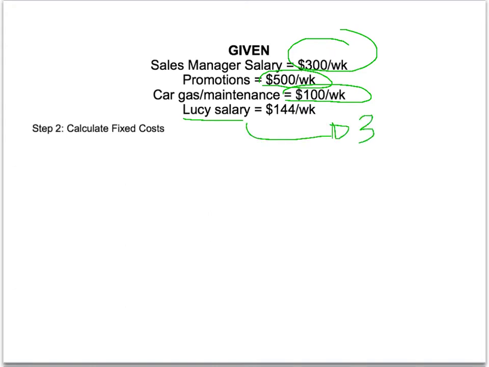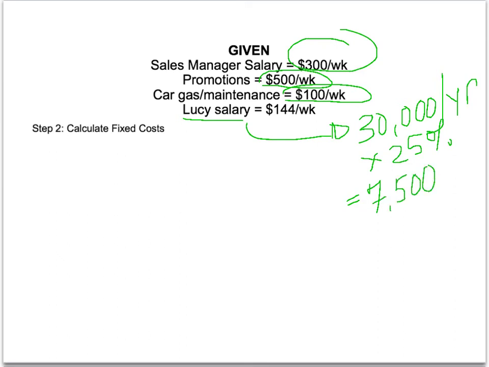She knows that she makes about $30,000 a year, and she spends about 25% of her time working on the rose business, which means that in a year she's going to charge the rose business $7,500 per year for her salary.